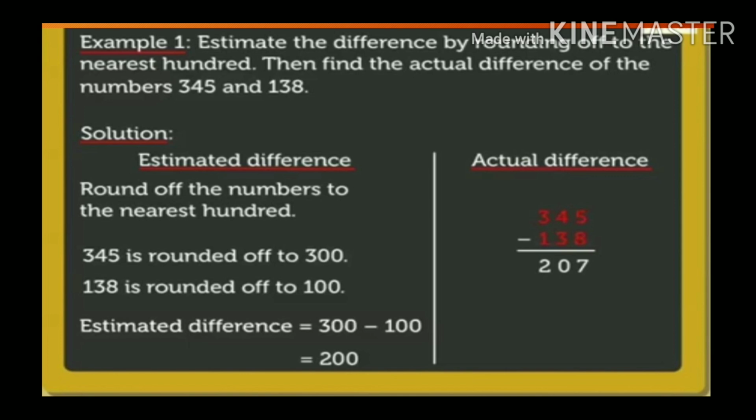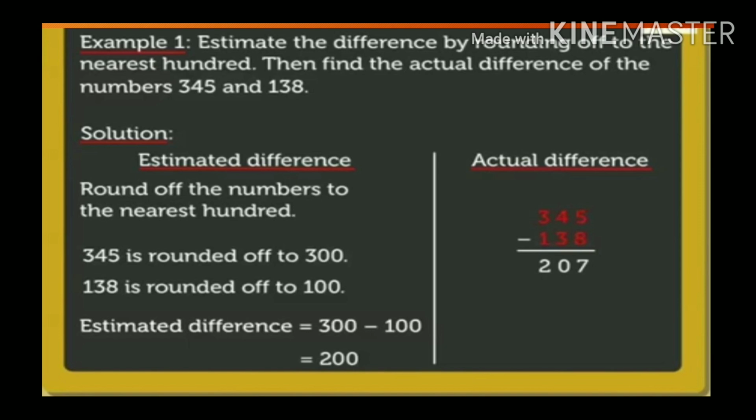Now the solution. We have to do the estimated difference. So first, round off the numbers to the nearest 100. 345 is rounded off to 300 and 138 is rounded off to 100.